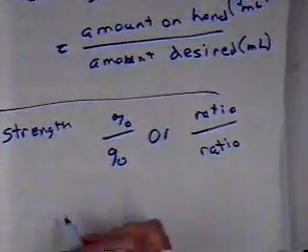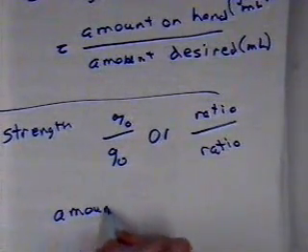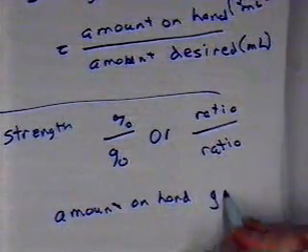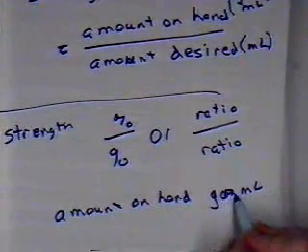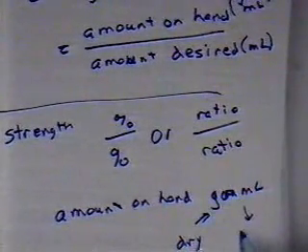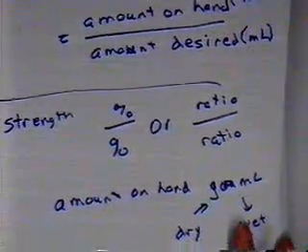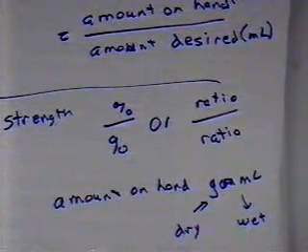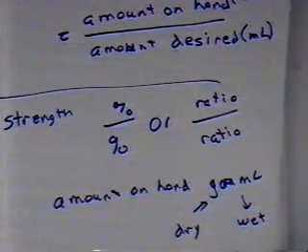Now, the reason the amount on hand can be a gram or it can be a milliliter is that what we are mixing could be dry or it could start out wet. We could already have a 10% solution and we want to make it into a 5% solution.